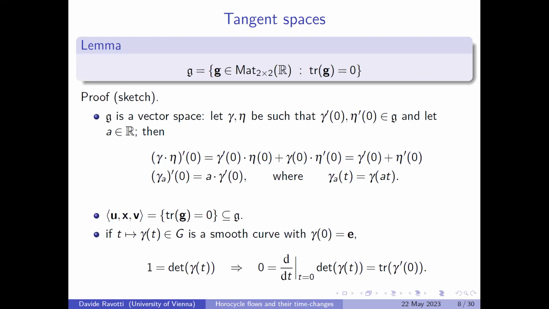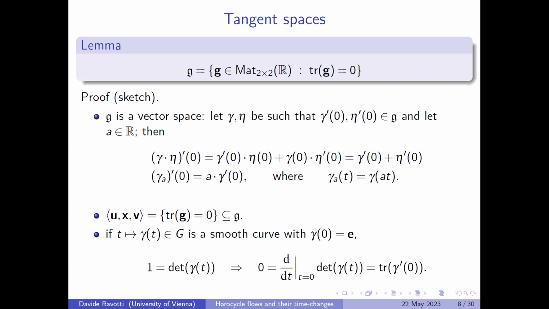So assume that now you have a smooth curve gamma with the property that gamma at 0 is the identity. So its derivative at 0 is an element of g, and now we want to prove that this is a 2 by 2 matrix with 0 trace. Since gamma of t is an element of SL2R, its determinant is equal to 1 for all t. So if I differentiate this equation at 0, I get 0 on the left-hand side, and on the right-hand side, I get the derivative of the determinant.